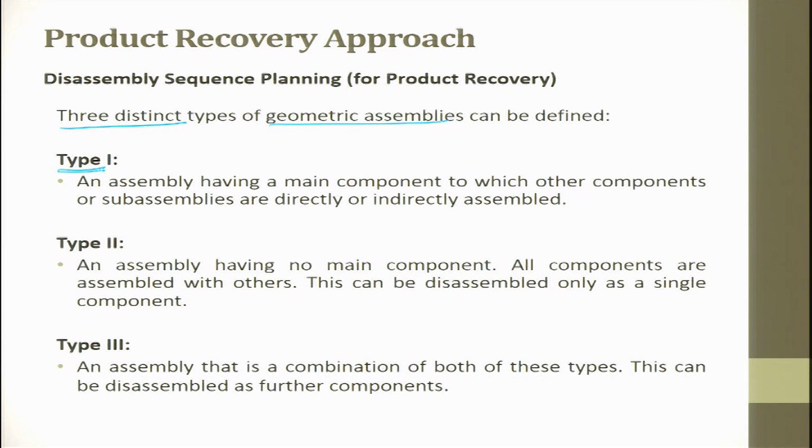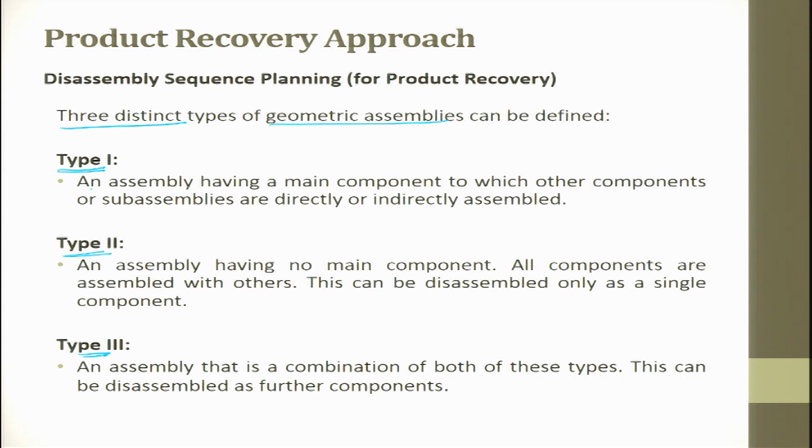Type 2 is any assembly having no main component, where all components are assembled with others and can be disassembled only as a single component. Type 3 is an assembly that is a combination of both of these types, and this can be disassembled into further components.